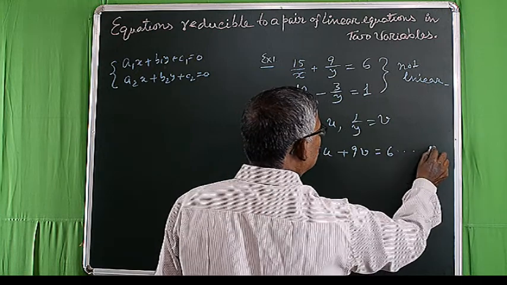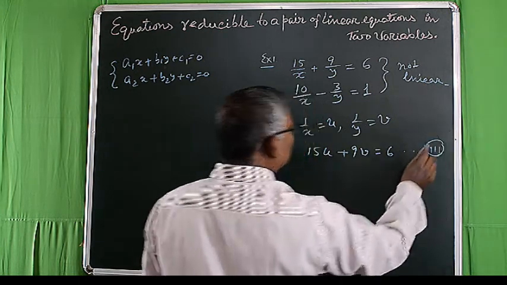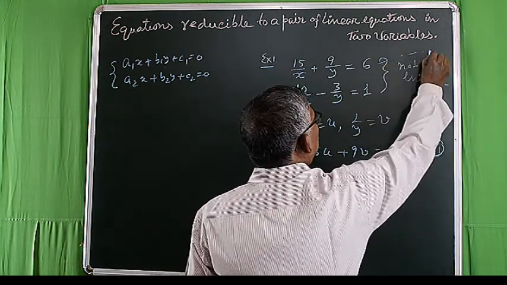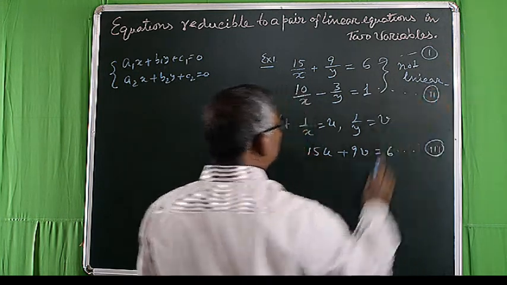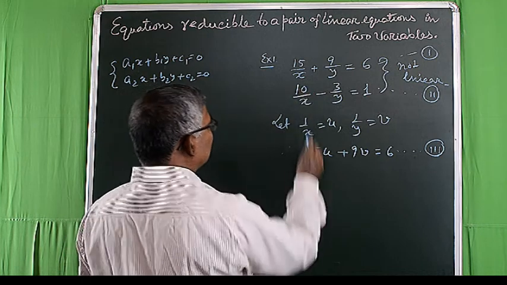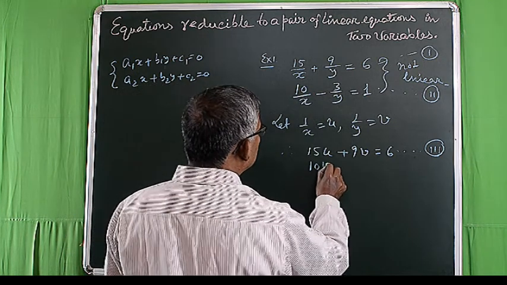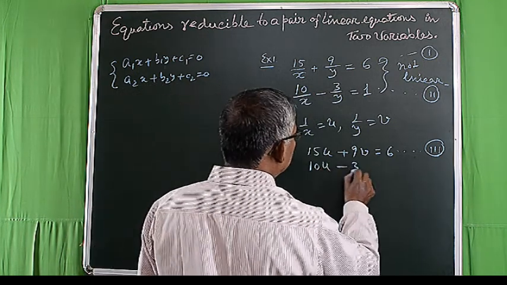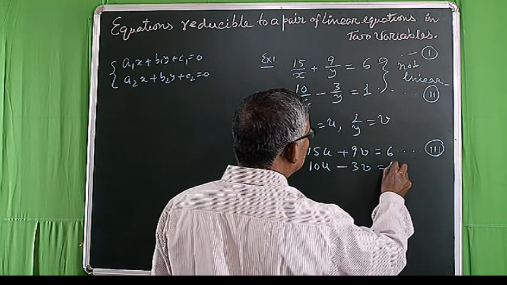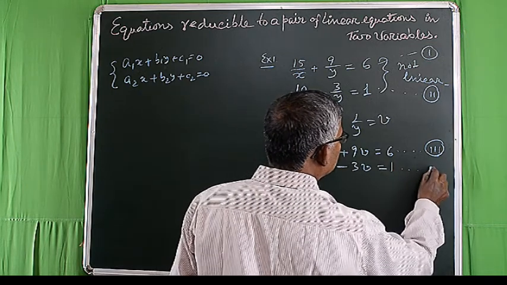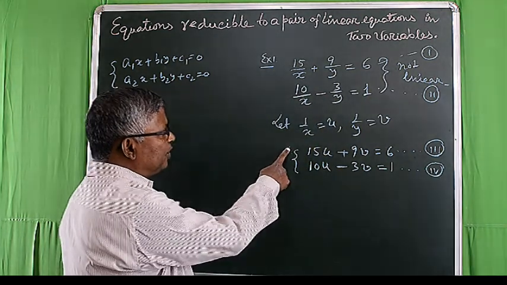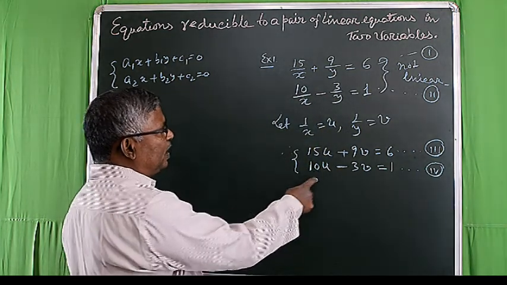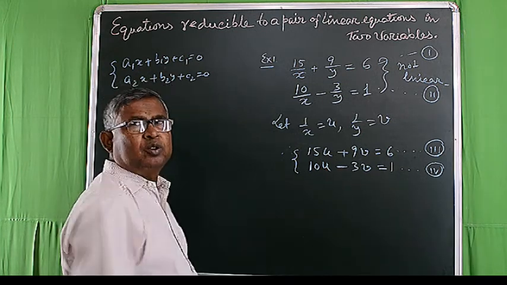Suppose it is equation number 3. Here, this is equation number 1 and this is equation number 2. And from 2, we can write 10u minus 3v equal to 1. Suppose it is equation number 4. So we can solve the pair of equations in two variables u and v by any of the methods.